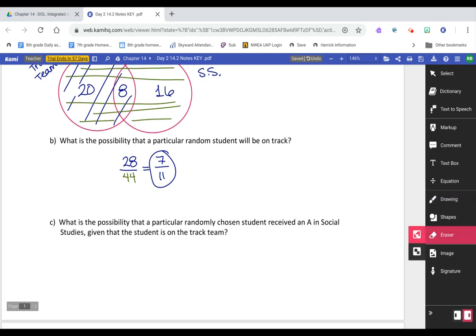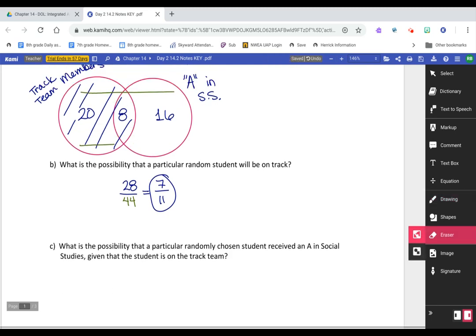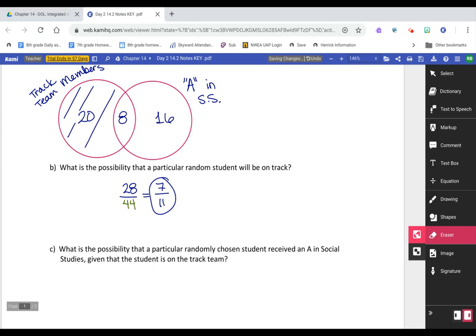Let's erase our lines because we're going to think about it a little bit differently now. Example C goes into conditional probability. This part asks, what is the probability that a particular randomly chosen student received an A in social studies given that the student is on the track team? So we need to talk about just those that are on the track team.